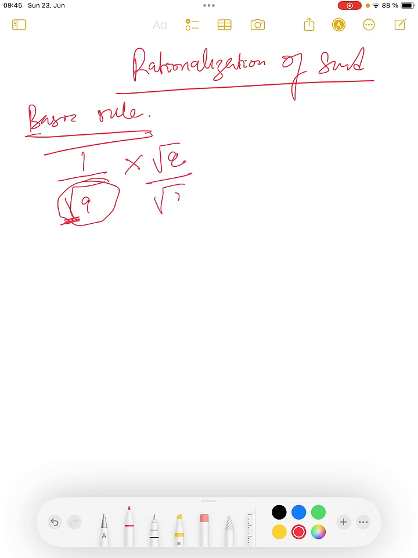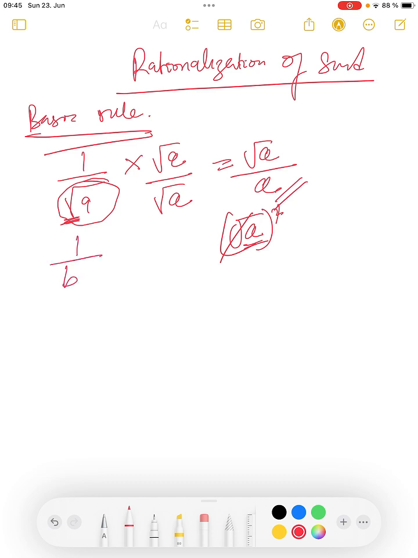So you have root a over root a. In other words, 1 times root a is root a, all over root a times root a, which is a. Of course, root a times root a is root a squared, which cancels to a. So this is the first rule.